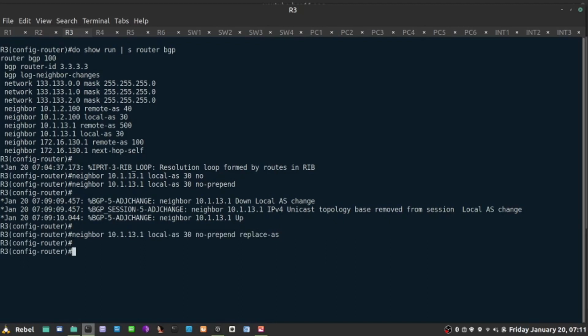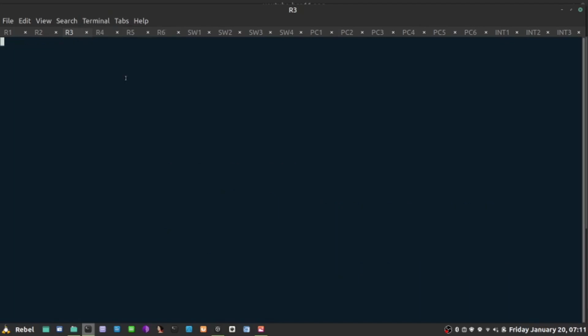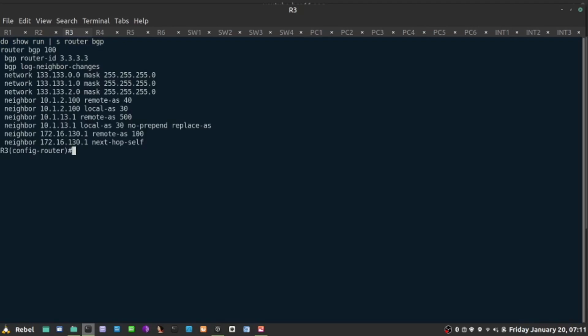Obviously I should do the same for the switch 1, but switch 1 does not re-advertise those prefixes with any other path, so I can actually leave this the way it is. Let's see the full configuration for that neighbor now. Do show run section router BGP. So I added this replace AS command here for that neighbor.